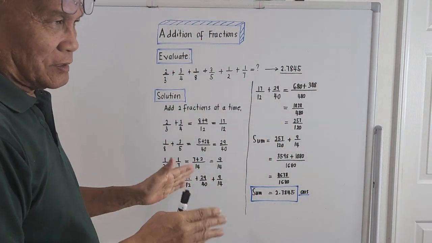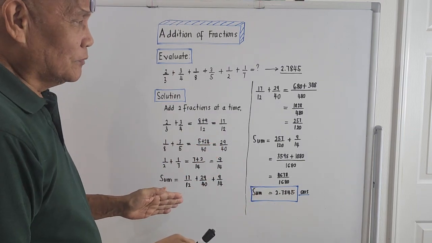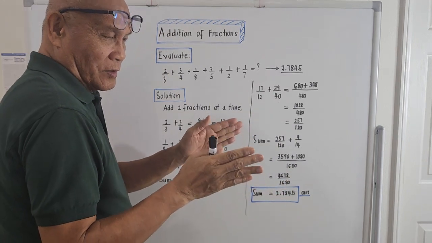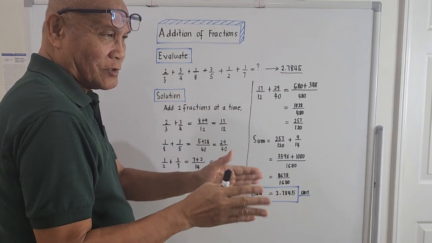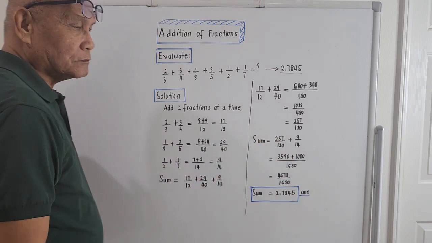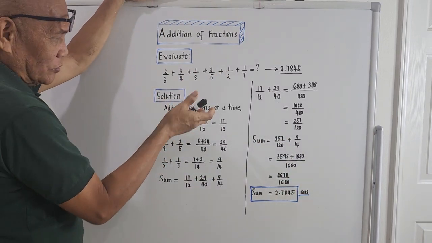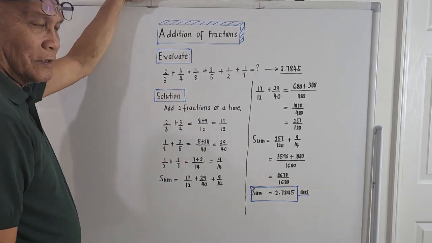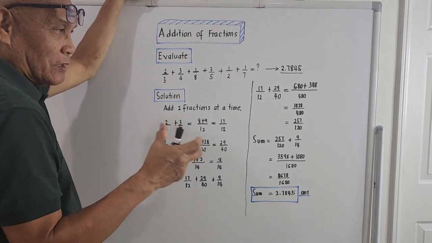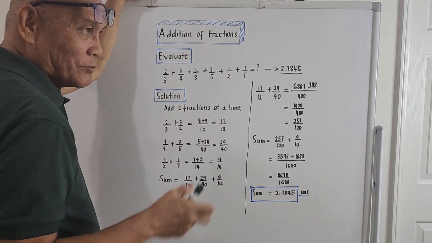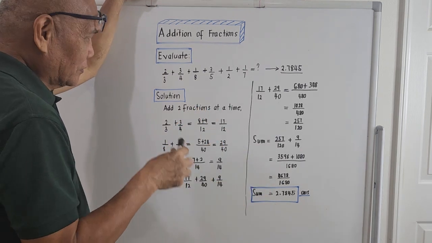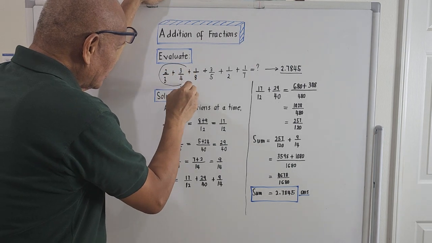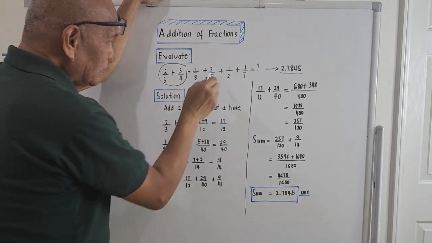But what I would like is to show you the solution that will come out to 2.7845, by combining the fractions using the so-called butterfly method. Since we are given 6 fractions, we cannot use the butterfly method at one time. So we will combine the first 2, then the next 2, and then the third group, 1/2 plus 1/7, each by using the butterfly method.